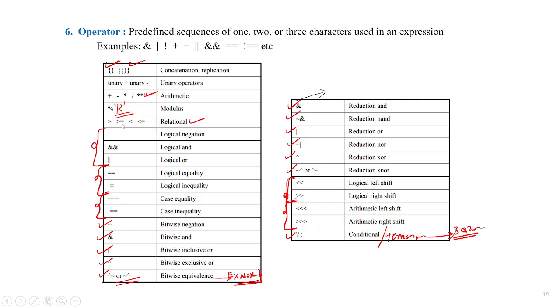Relational operators: greater than or equal to, less than or equal to; logical negation, logical and, logical or, logical equality, logical inequality, case equality, case inequality, bitwise negation, bitwise inclusive or, bitwise exclusive or, bitwise equivalency, that is bitwise XNOR, reduction and, reduction or, reduction XOR, reduction XNOR, and the shift operators: logical shift left, logical shift right, arithmetic shift left, arithmetic shift right, conditional or ternary operators.